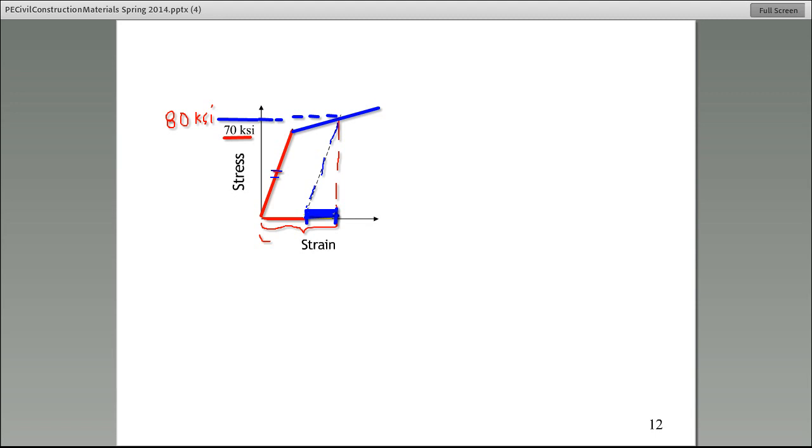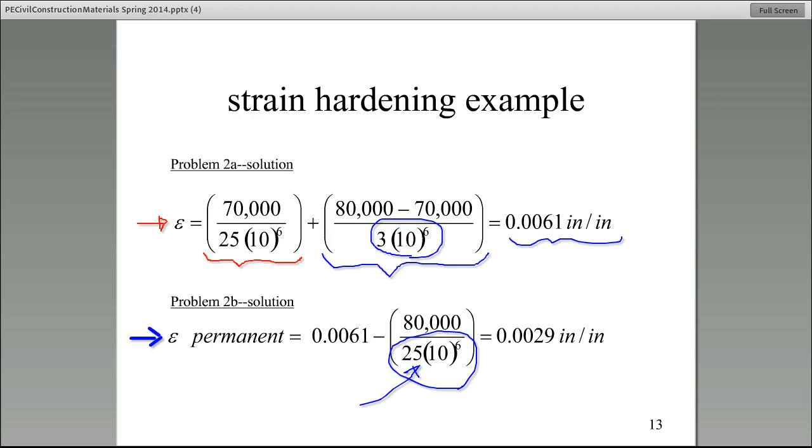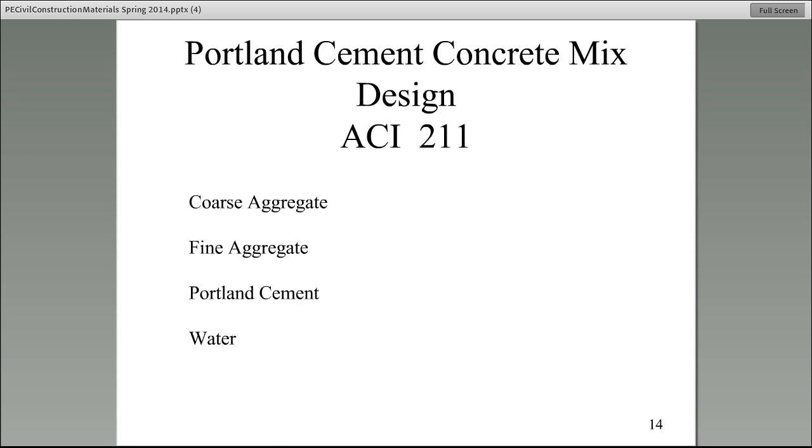And we use the slope of that blue line to be the same as the one in the red because they are parallel to each other. You must know this aspect to understand where this 25 million comes from. All right? So do this problem, and if you have any questions, let me know.